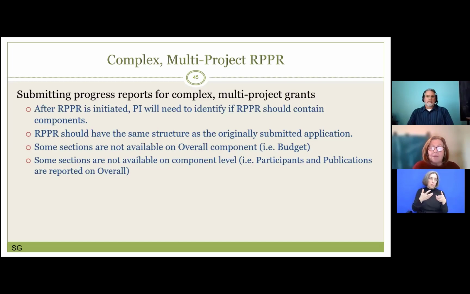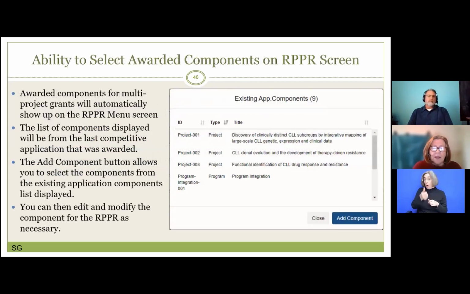We have started pulling in what has come in from your application and has been funded by the internal system. So you will start seeing those. You can, of course, add them also, and you can remove them when you go to report. There is an add button that says add component, and it will allow you to add extra components and then add the data for them.